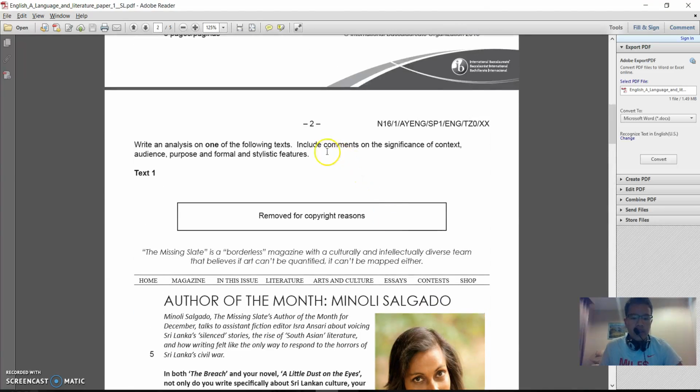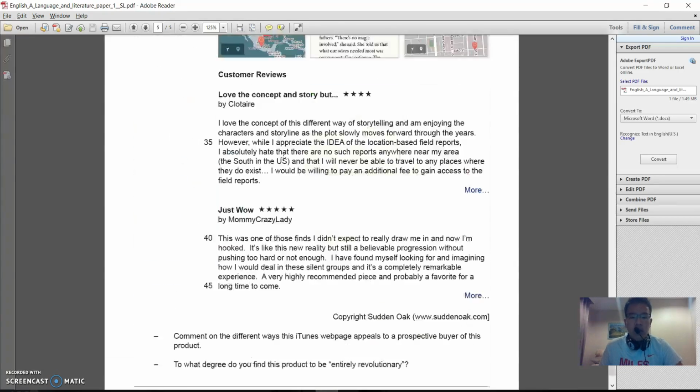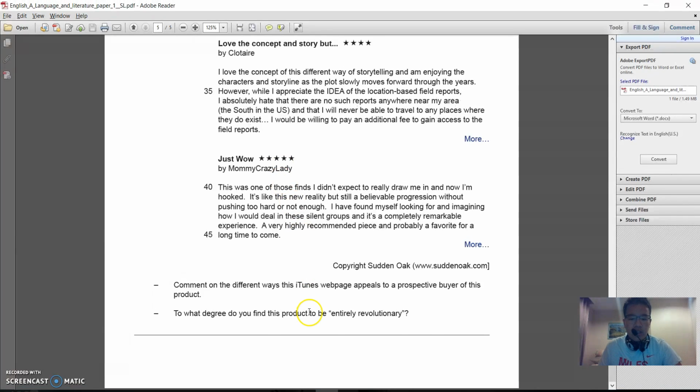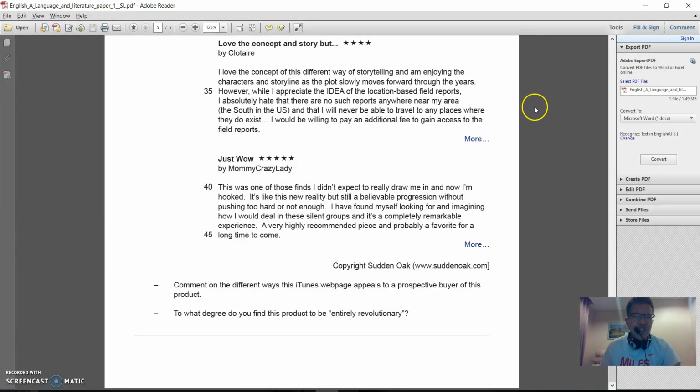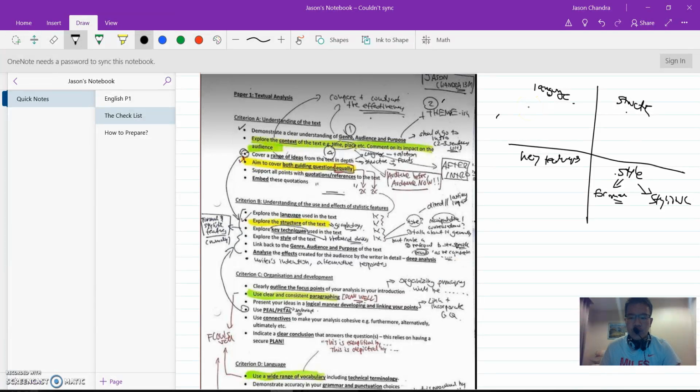Of course, the question is always the same. Include comments on the significance of context, audience, purpose, formal and stylistic features. That's just the general question. But you got to focus on these 2 questions. So what I do after I split language, structure, key techniques, and style, by the way, this is my plan, I assign at least one of them to one of these language, structure, key techniques.